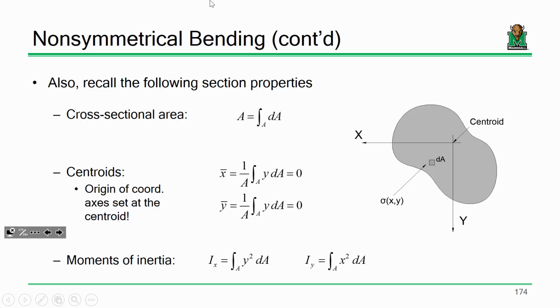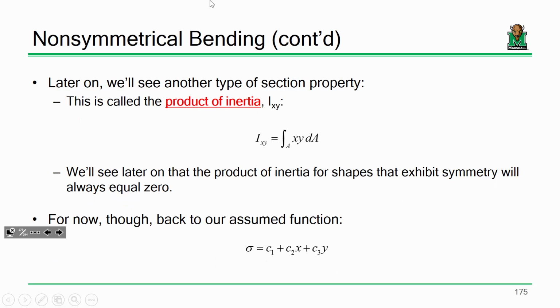Sound good? Now, I'm going to introduce to you a new term. If the integral of y squared is the moment of inertia about the x-axis and the integral of x squared is the moment of inertia about the y-axis, I'm going to introduce the following term. This is called a product of inertia. It's called Ixy. So I've got the integral of x squared, the integral of y squared, and the integral of xy.